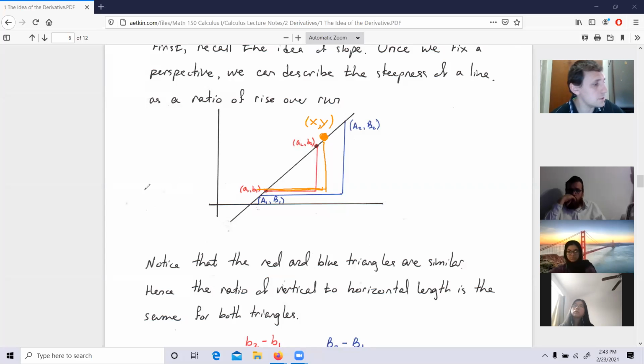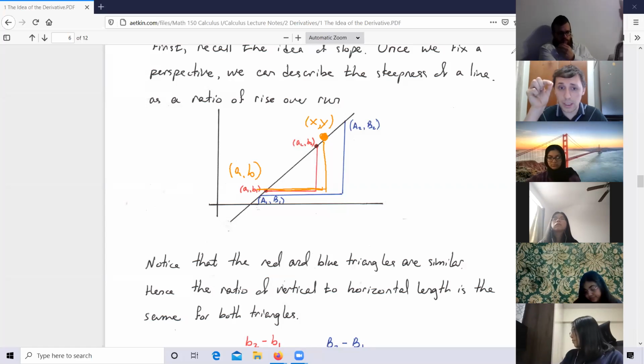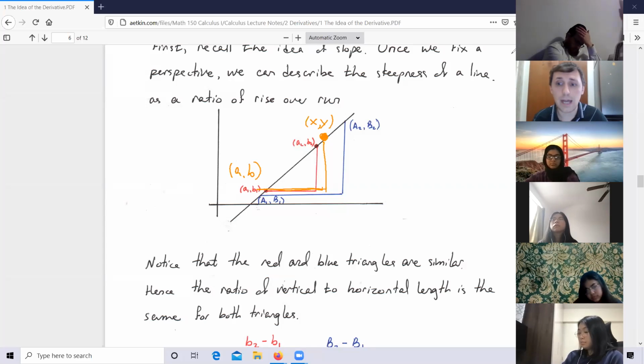Any (x, y) on the line will measure the same slope. You understand? That's how it's defined. If you select a different (x, y) above the line, you will have a bigger slope. If you select (x, y) below the line, you will have a smaller slope.